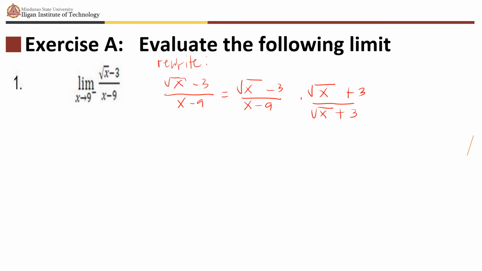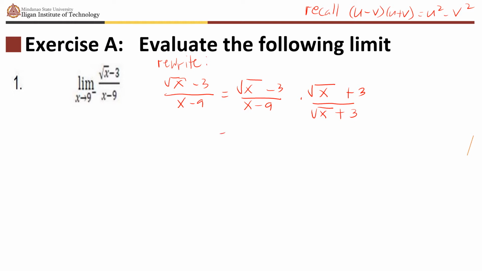Now recall again. Can we recall? You have u minus v times u plus v is equal to u squared minus v squared. So in this case, our u is square root of x and our v is 3.